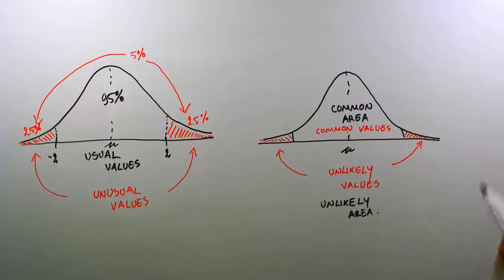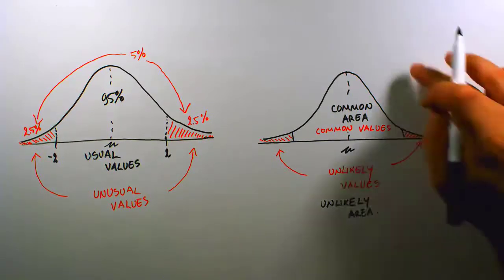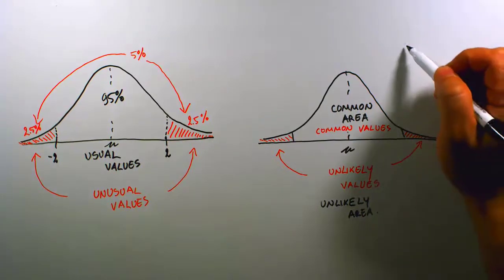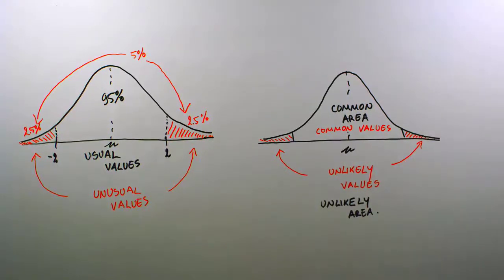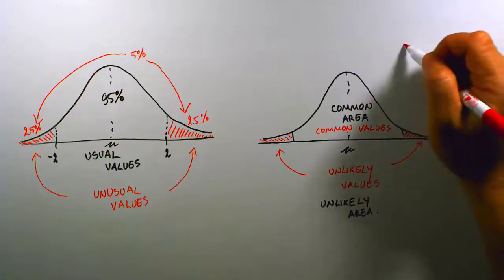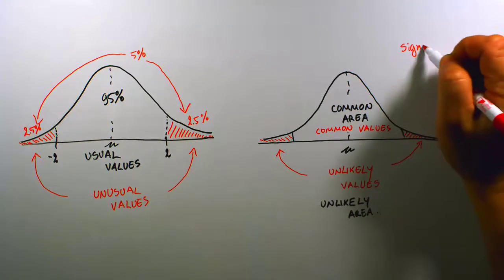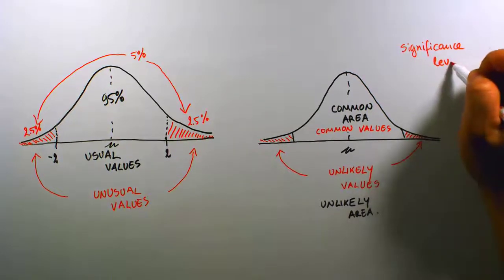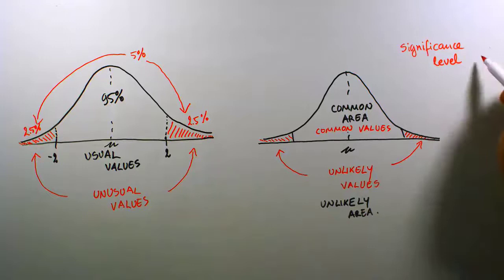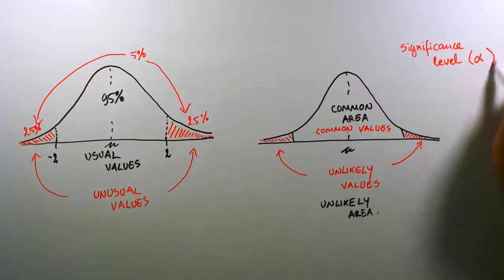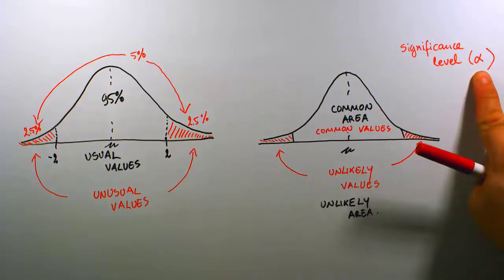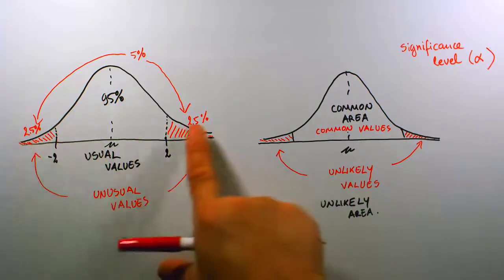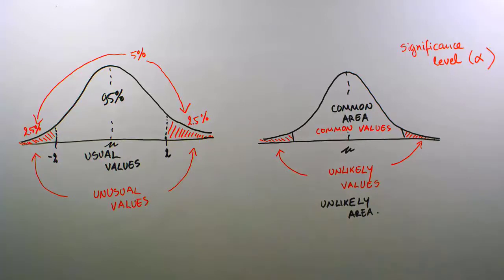And that's why in our problem of testing a hypothesis, the significance level, notated as the alpha symbol, can sometimes be given even smaller than these commonly used values of 2.5% and 2.5%.